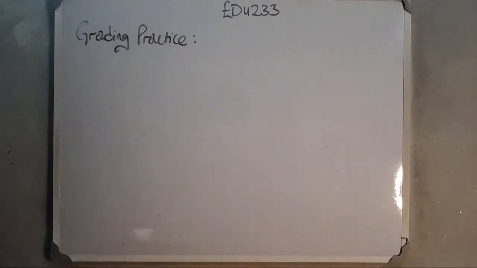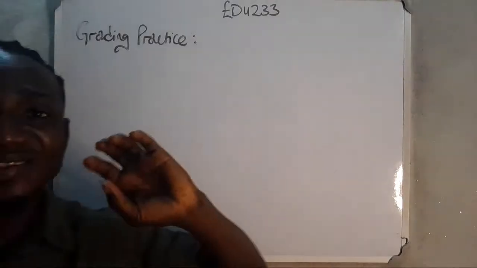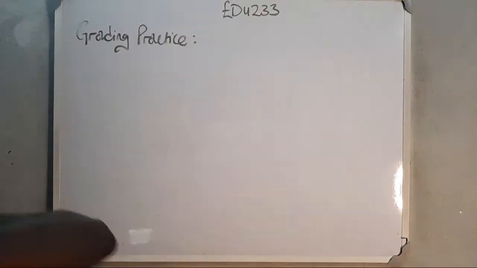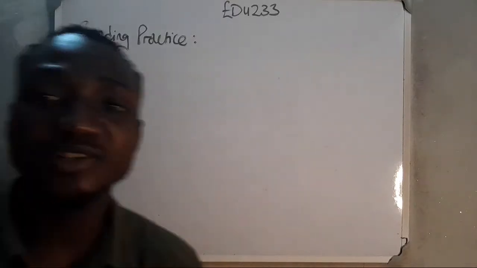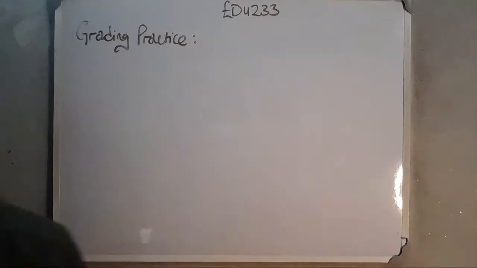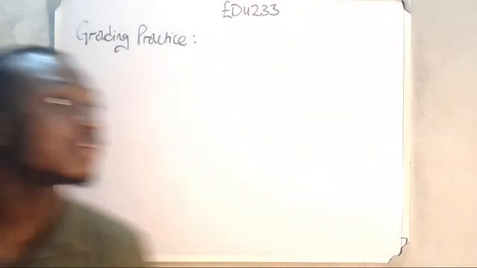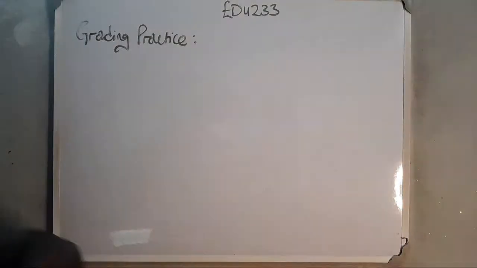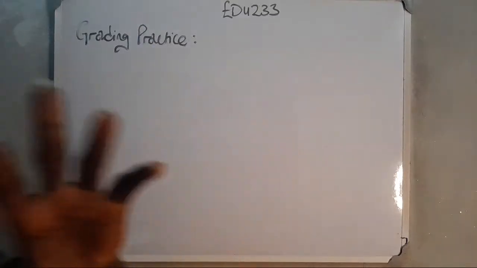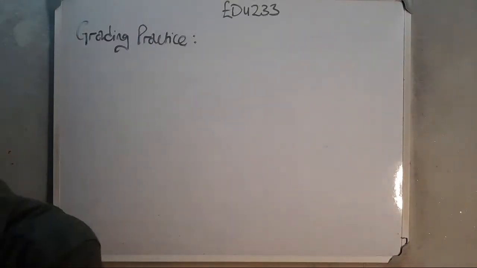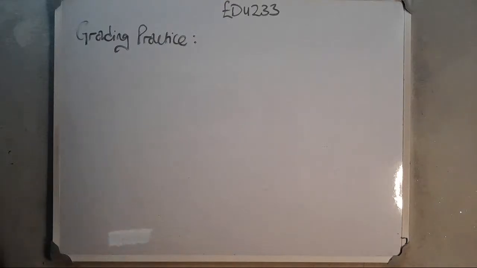When we say grading, grading is a system whereby the measurement of a child's particular academic activity is being recorded. Now let's know what it means by grading practice. It is generally agreed that grades provide information on how well students are learning.